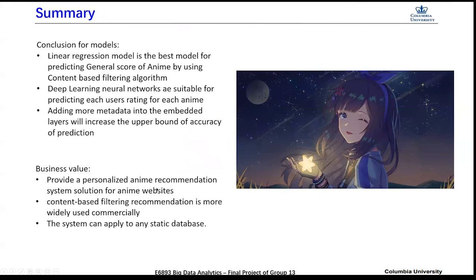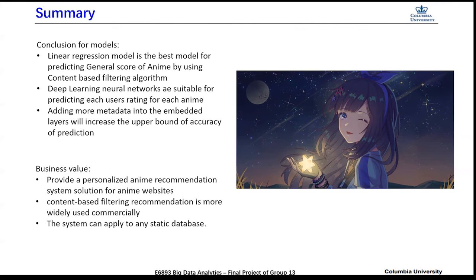And for the conclusion here, the linear regression model is the best model we picked for predicting the general score, and the deep learning neural network is very suitable for predicting each user's rating. And also, we found out that adding more metadata into the system will obviously improve the system accuracy.